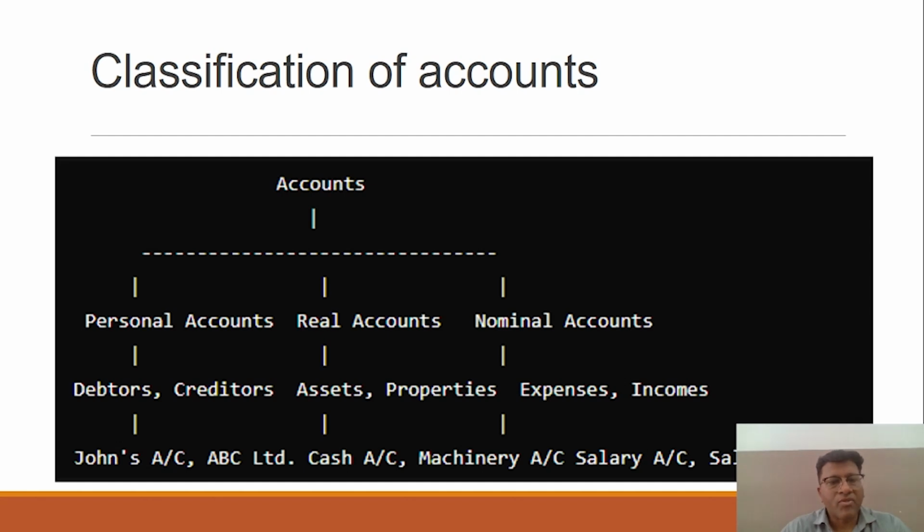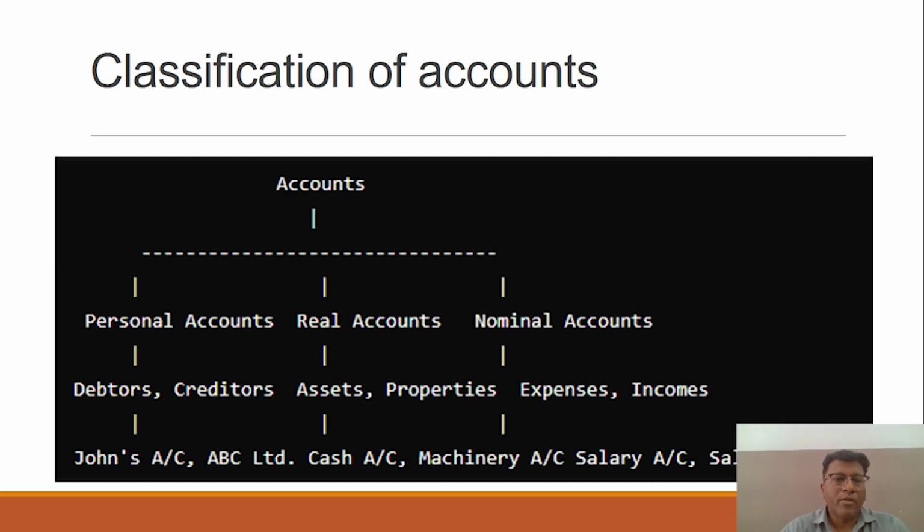The first is personal account, the second is real account, and last but not least the nominal account. Personal account refers to individual, firm or company accounts. Real accounts include the assets and properties. Nominal accounts are those accounts which involve expenses, losses, incomes and gains.